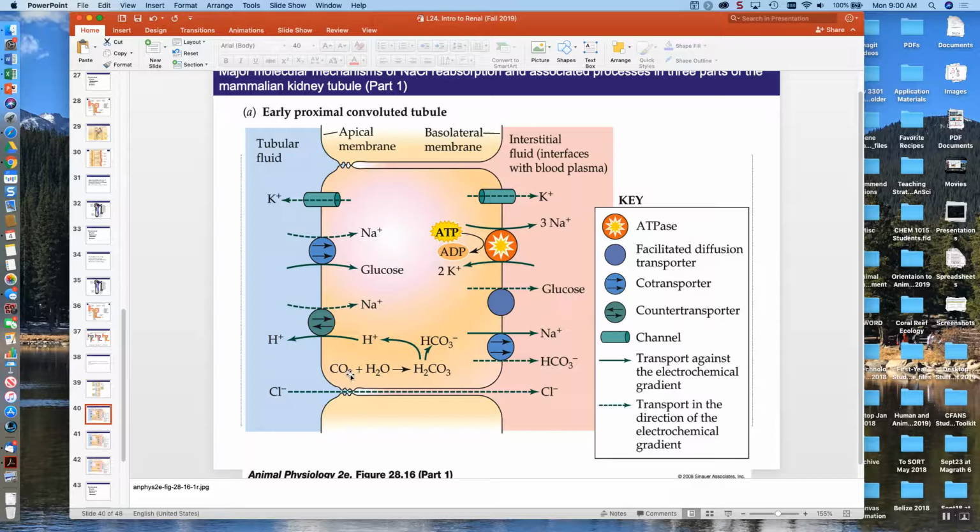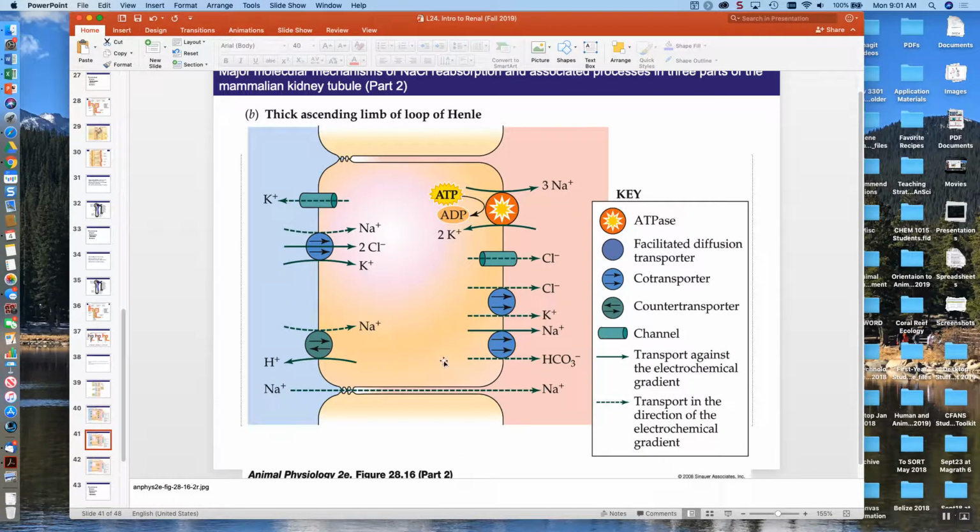This is still going on: carbon dioxide and water is converted to carbonic acid. For every carbon dioxide molecule, 1 proton is secreted and 1 bicarbonate is reabsorbed. That's still happening here. They just took out the reaction. So that's why you have the sodium proton exchanger still on the apical side and the sodium bicarbonate cotransporter on the basolateral side. All right, same idea here.